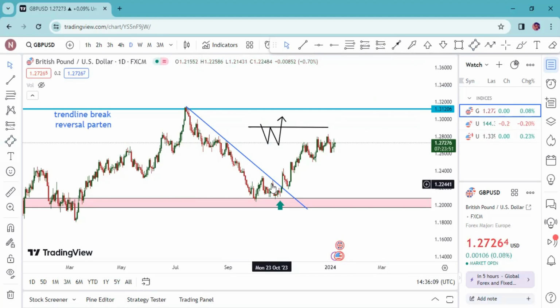Let me repeat them for the last time. I want you guys to understand point by point. I draw a straight line at the last lower high. I draw a straight line at the neckline.